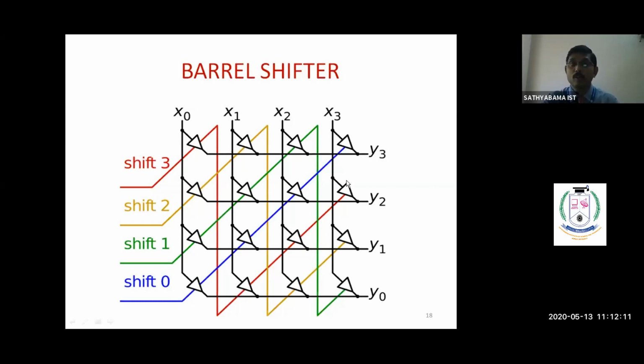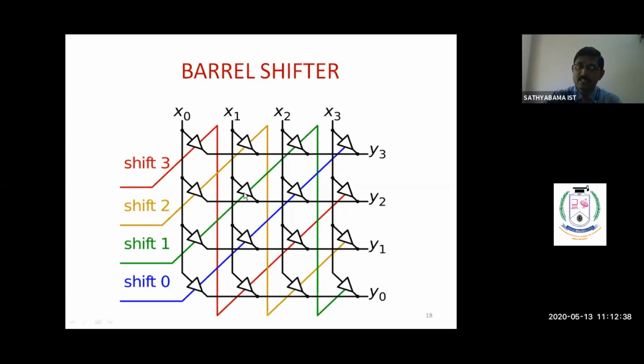Suppose I want to make 1-bit shifting. 1-bit shifting means I have to give the control signal here. So this transistor is getting activated. Therefore, this X0 value is coming to Y1 through this transistor. Okay, so this transistor is getting activated. That means all these diagonal up transistors are getting activated. So in the barrel shifter design, the control signal is passing in the diagonal up direction.